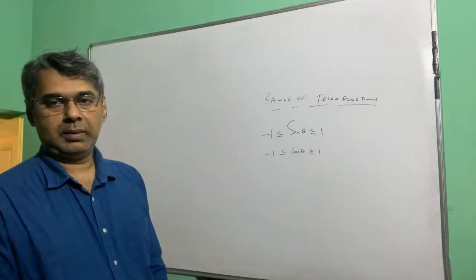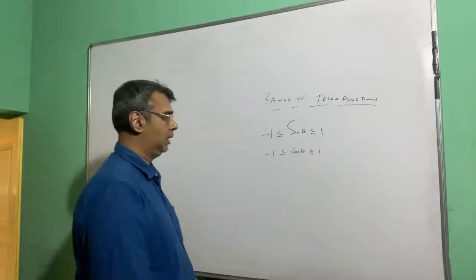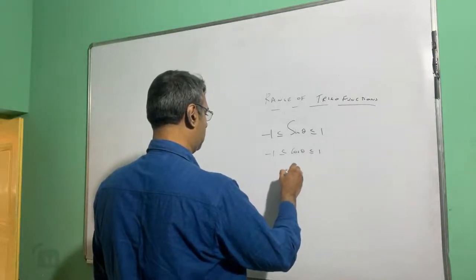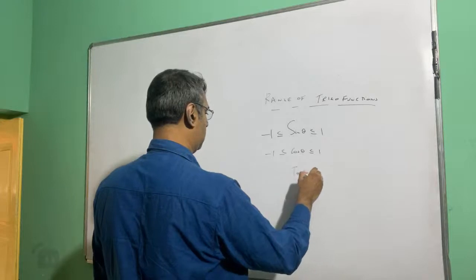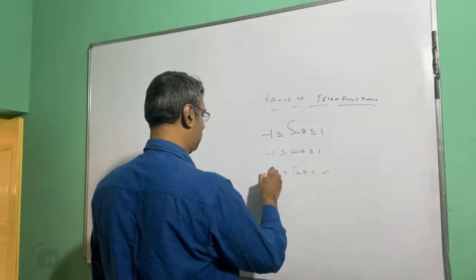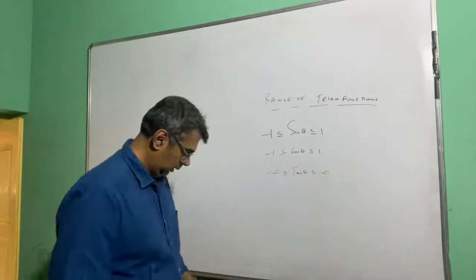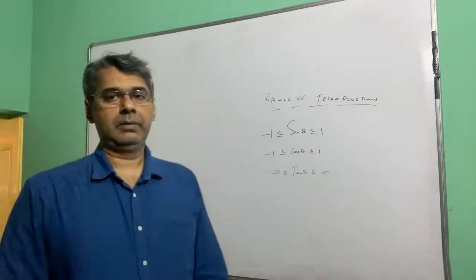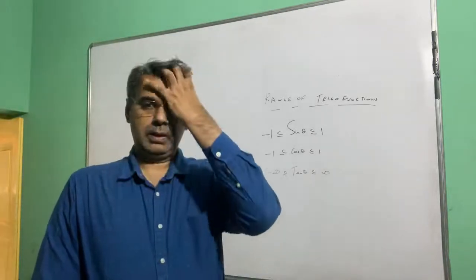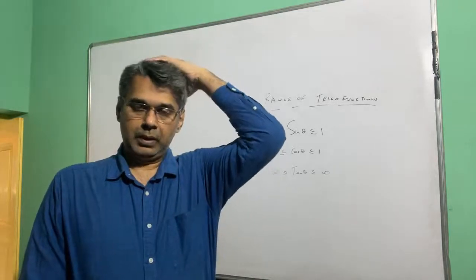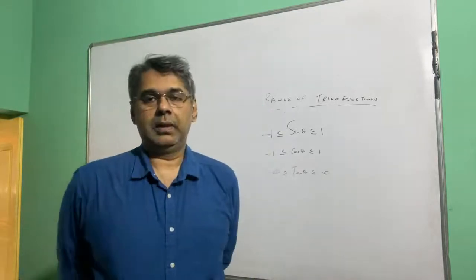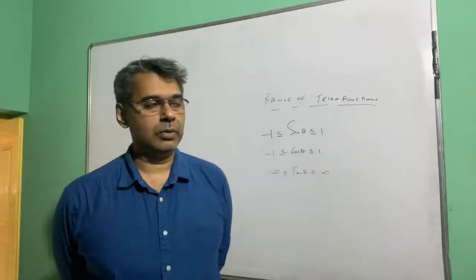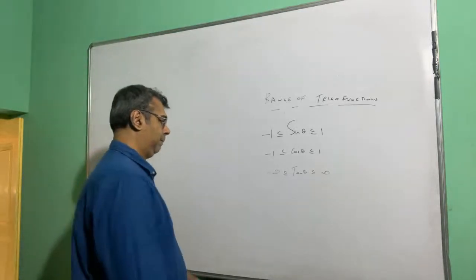Cos theta also has a maximum value, minimum value of -1 and 1. Then tan theta lies between -infinity and +infinity. So the maximum value of tan theta, it can go right up to infinity, and minimum value it can go up to -infinity.